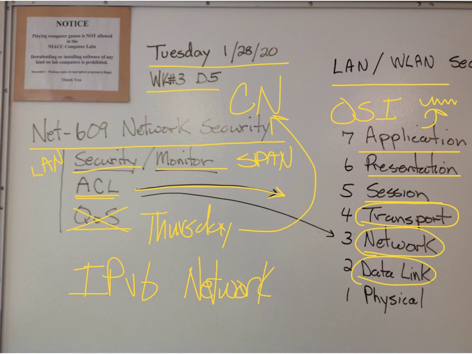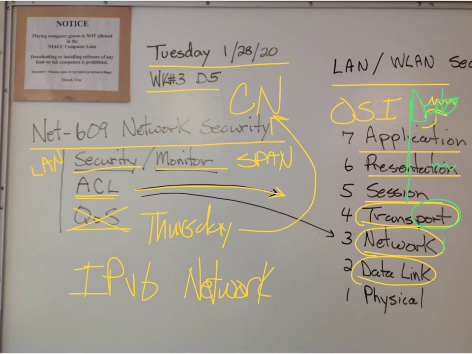So if you were to have data coming down, we have data up here from your app. Here it might get encrypted. Create a session. How are we going to transport that data? Probably get a port number and we break it into a segment.